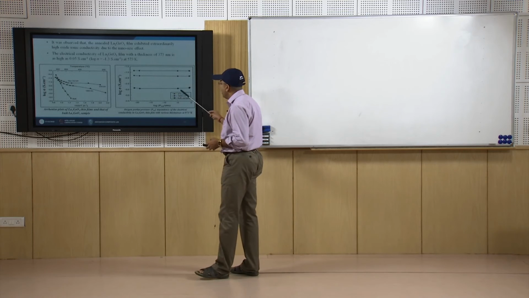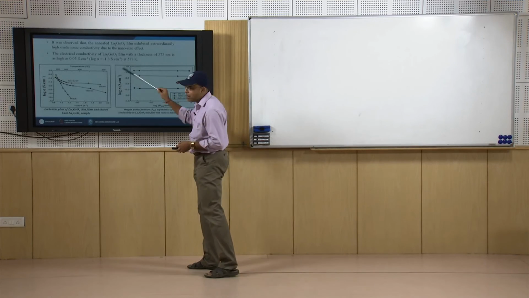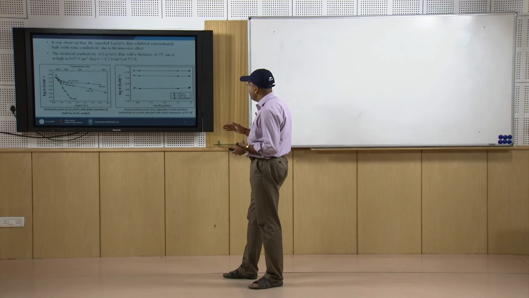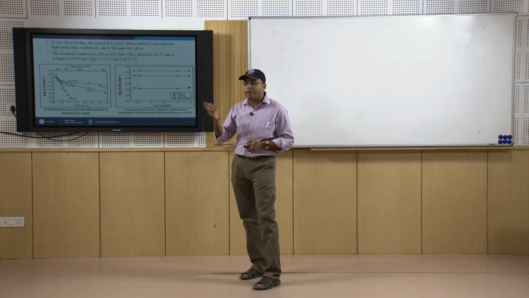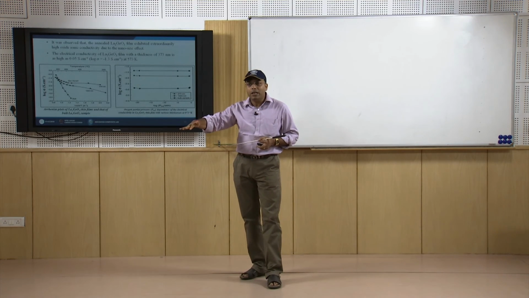Here we are also showing the oxygen partial pressure dependence of the electrical conductivity in lanthanum germanium oxide thin film with various thickness at 873 Kelvin. This is the pressure versus the electrical conductivity, and even with changing pressure and different nanoparticle sizes, the electrical conductivity remains the same.